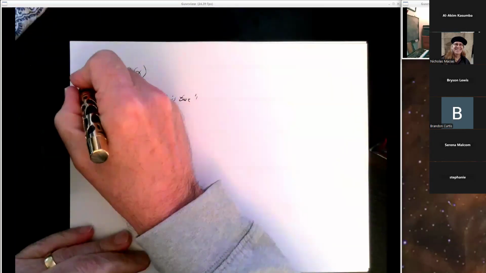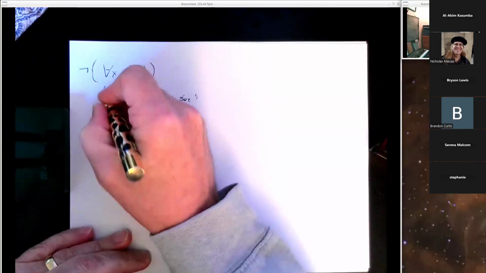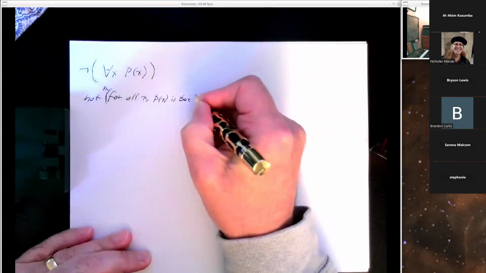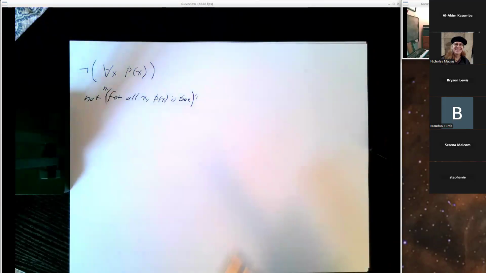If I put a negation symbol in front of this, then it's saying it's not true that for all x, p of x is true.